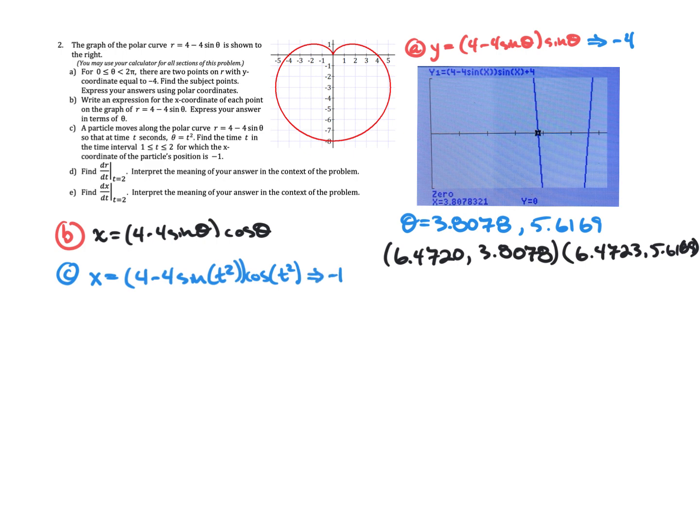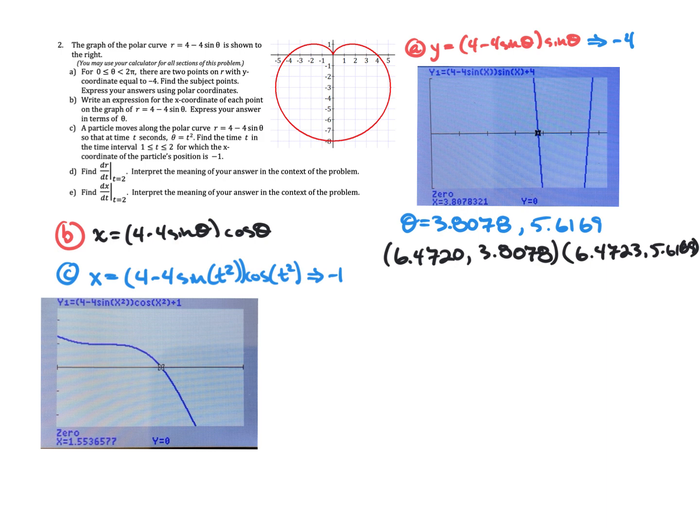All right. And so we would graph that, and I personally would add over 1. All right. And then what would we change our window to? 1 to 2. And so now we find the time equaling 1.5537. All right.